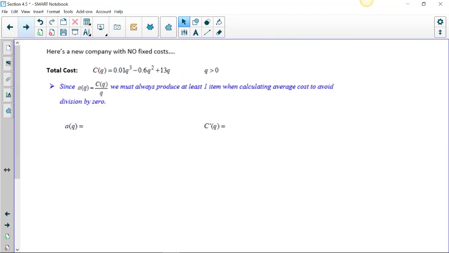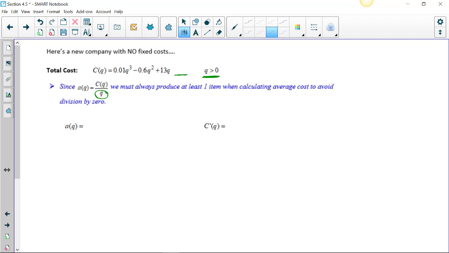Okay, so let's look at another situation, another company, no fixed costs this time. So there's no constant out here, okay, no fixed cost. And we're saying our production level is positive because if Q is equal to 0, then we would be dividing by 0 and we couldn't find average cost then.